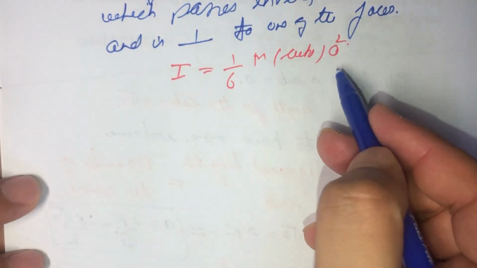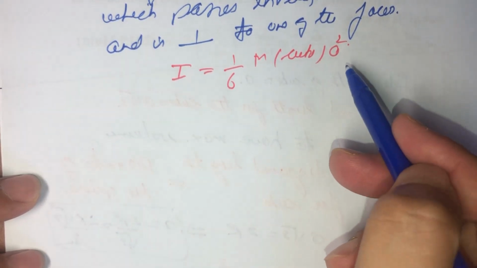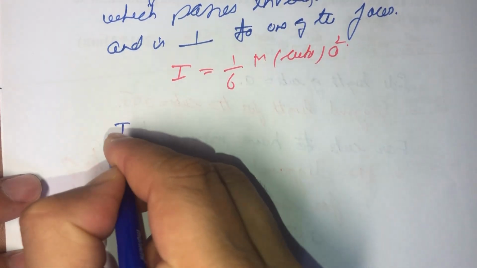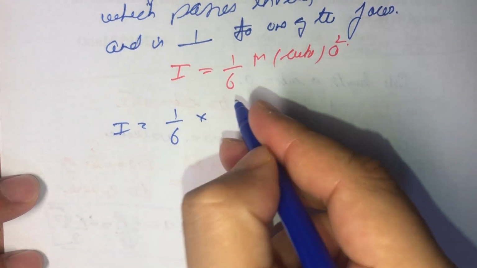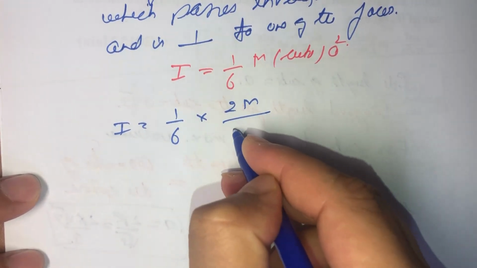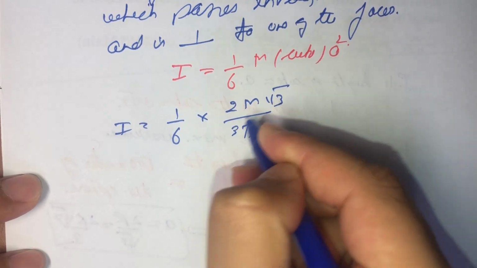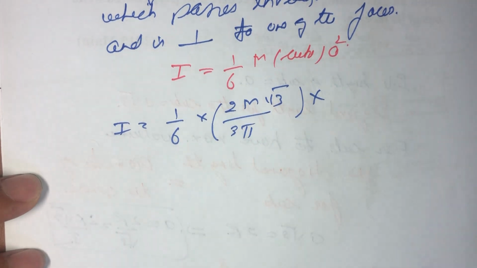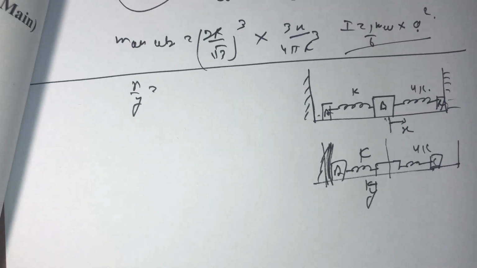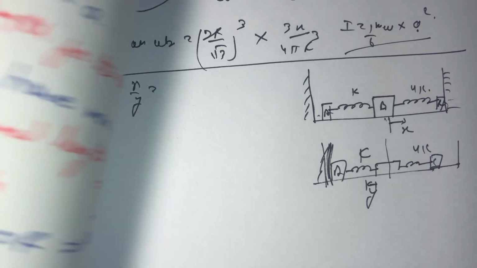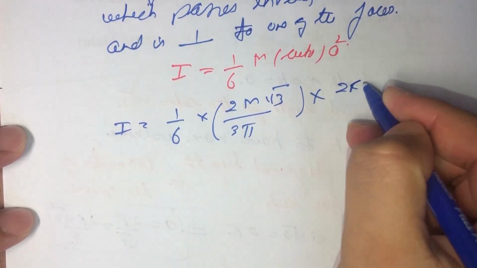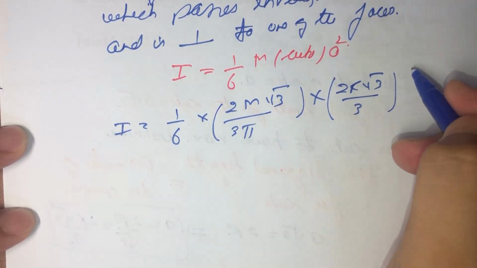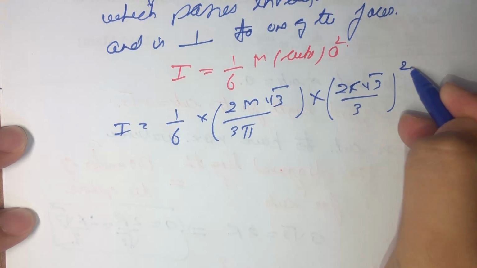We already found out mass of the cube and we already know the side. So moment of inertia will be equal to 1 by 6, mass 2m root 3 over 9 pi, multiplied by side 2r root 3 divided by 3, whole square.